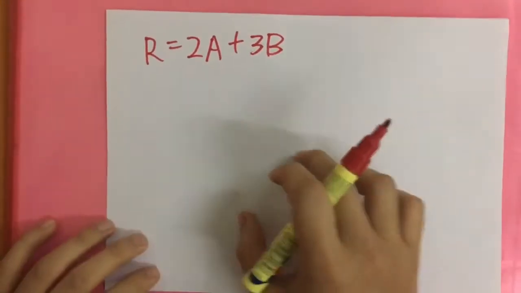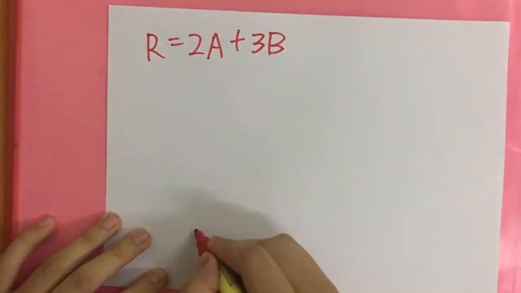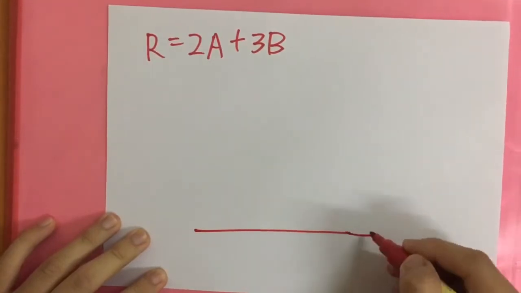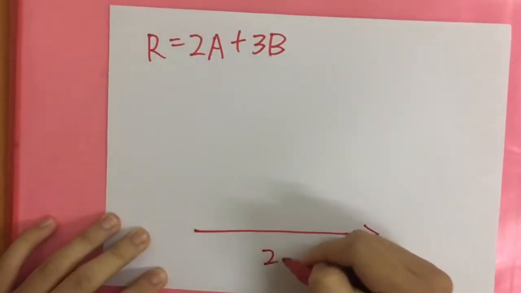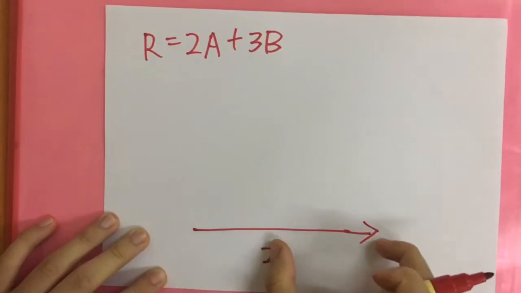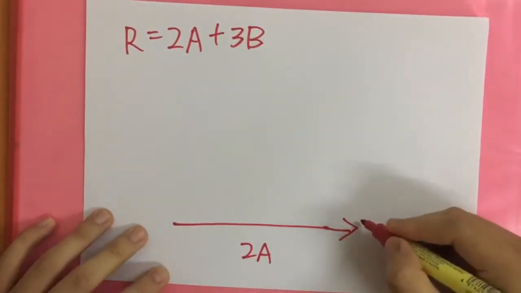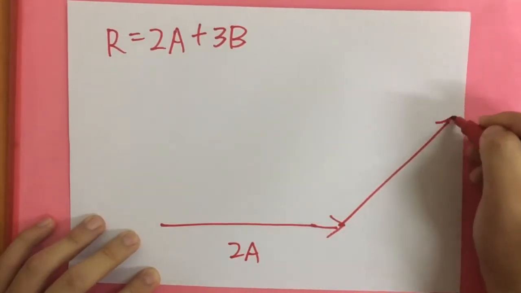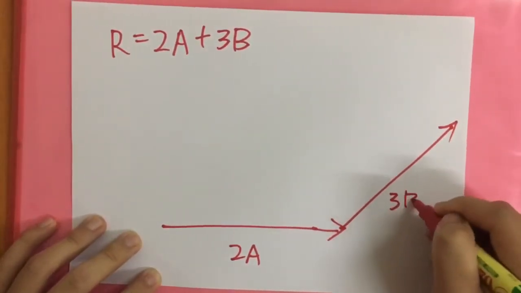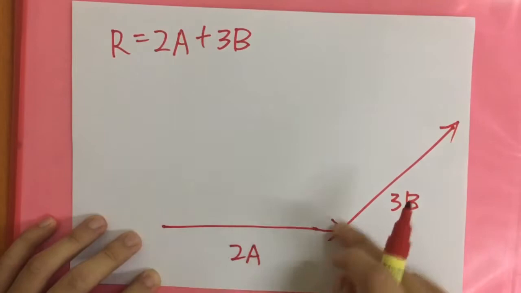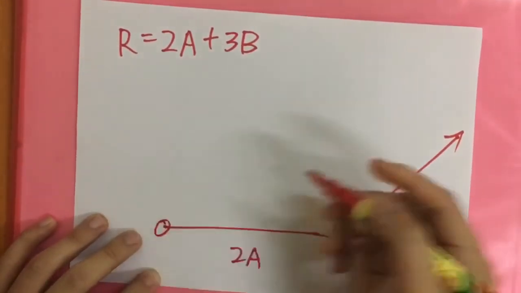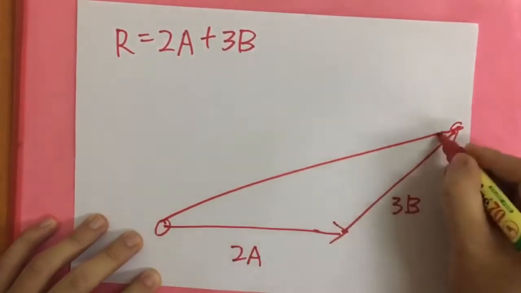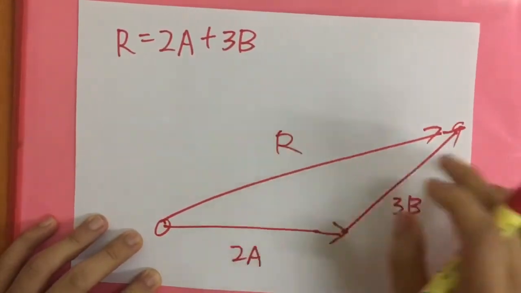So we multiply 2A, which is to draw twice the length of the previous A. And we have 3B, which is going up here. I don't have that much space, so let's just draw it. So this would be 3B. Notice that the direction is the same. From the initial point to the final point, we draw a straight line. This will be our resultant. So this is our R.